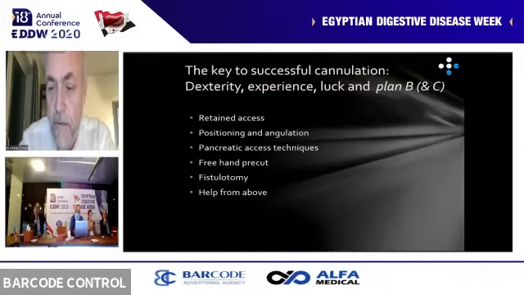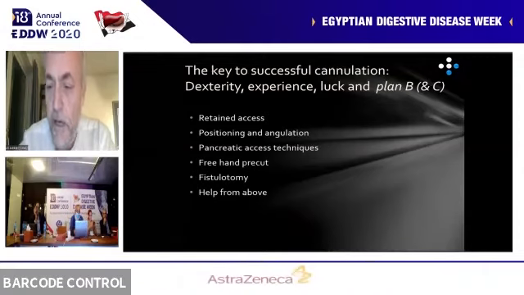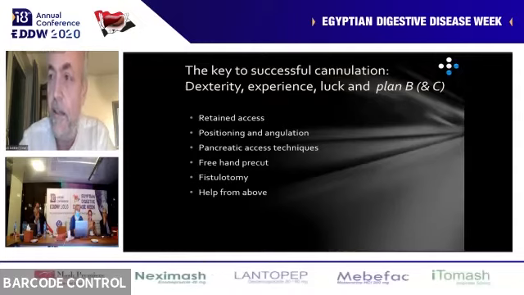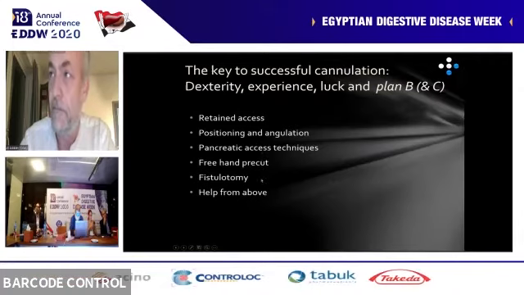Because if you have those plans in your head, then changing your plan will happen sooner. If you have only one plan, chances are you will persevere trying to make that work even though it doesn't. And so these are some of the elements in that plan B and C thinking that I would like to go through briefly.